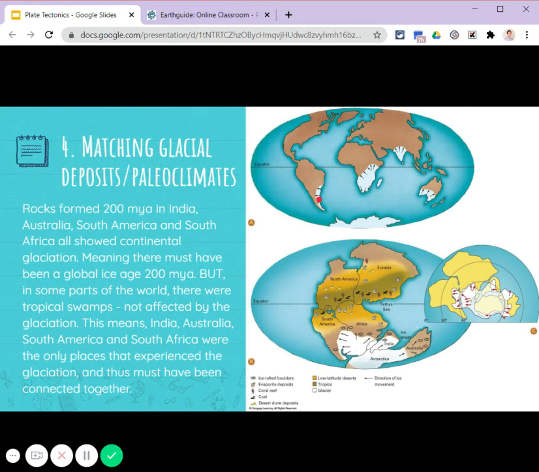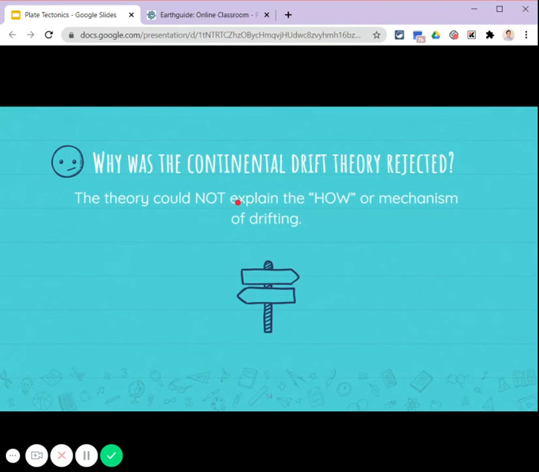So same type of chemical in South America, as in Africa, as in India, and Australia. And the only explanation to that would be these continents or these land masses must have been connected together millions of years ago. All right, so I hope that made sense. Those are the 4 evidences to continental drift.